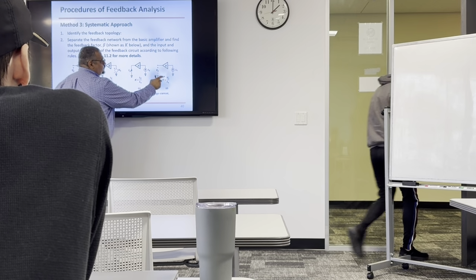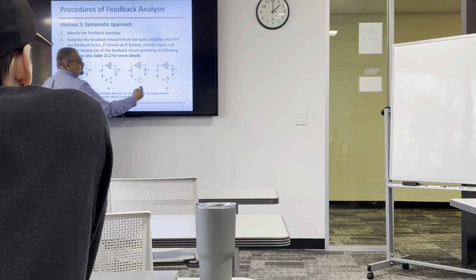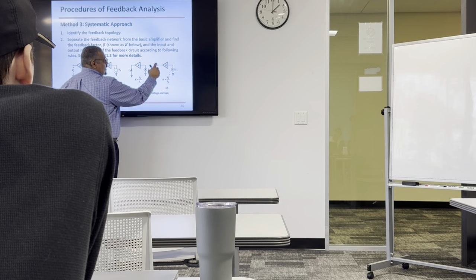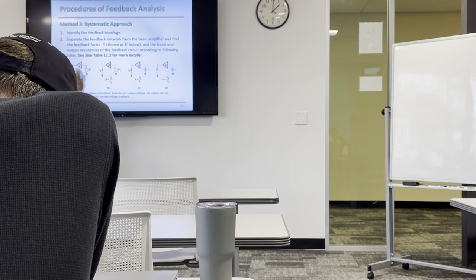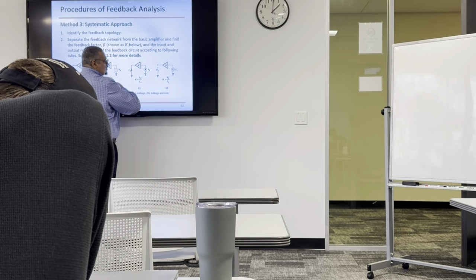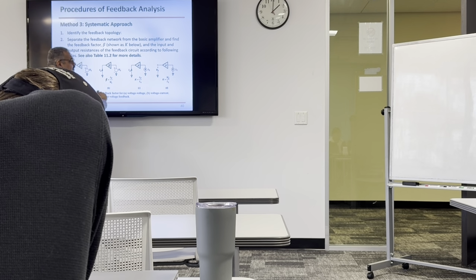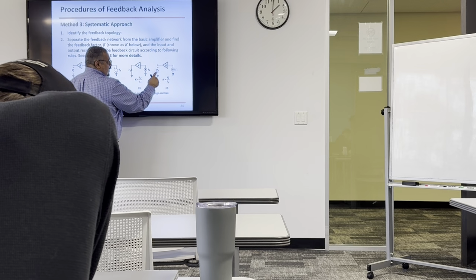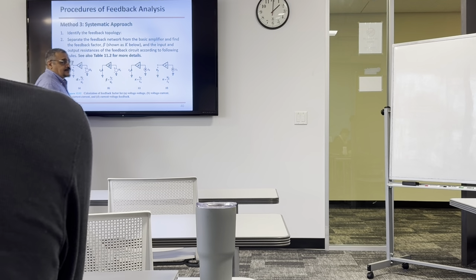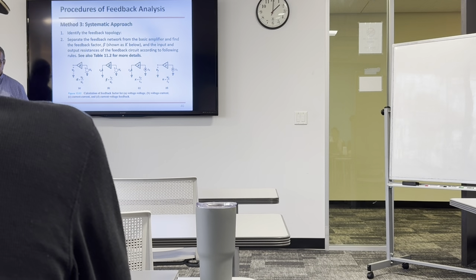Same thing for this one. If for beta the input is current and the output is voltage, then voltage is mixed as series, so leave it alone. No short circuit here, you leave it open, and you apply a current source and measure this voltage, divide this voltage by this current, gives you beta. So this is how we find beta. Okay?